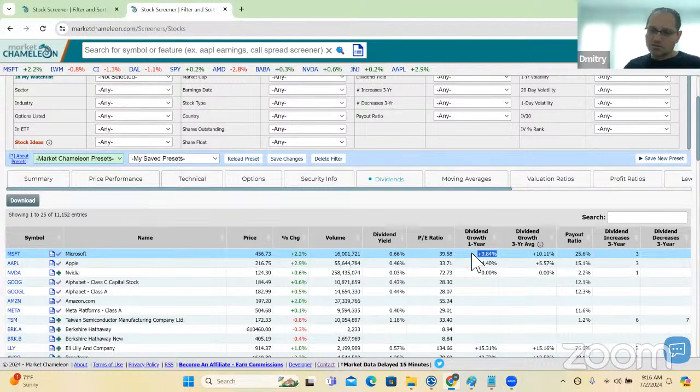Then we could compare that to the average annual increase over a 3 year period. Is it consistent, year over year over year? This shows that Microsoft's dividend tended to increase by 10% year over year if we use the 3-year period.